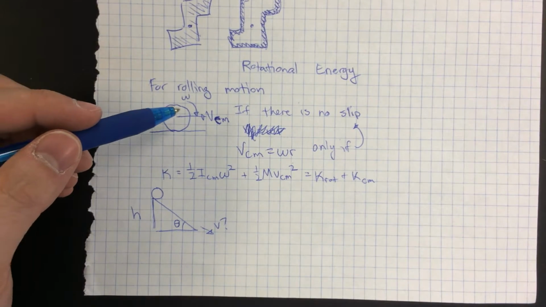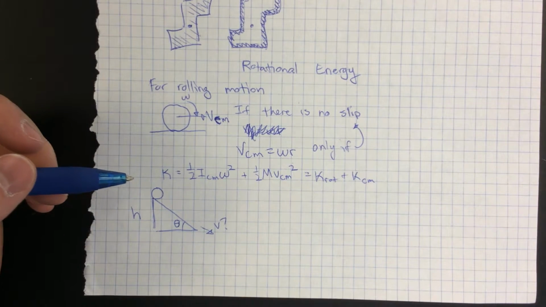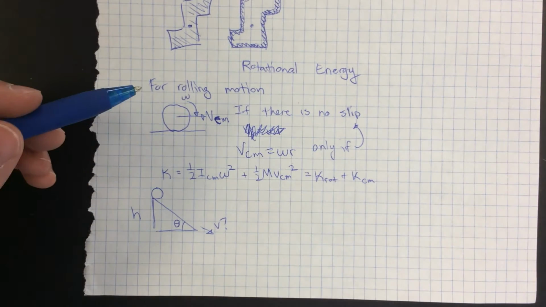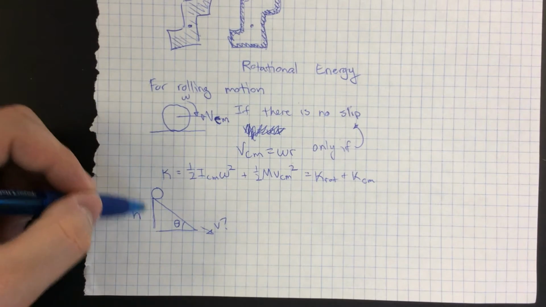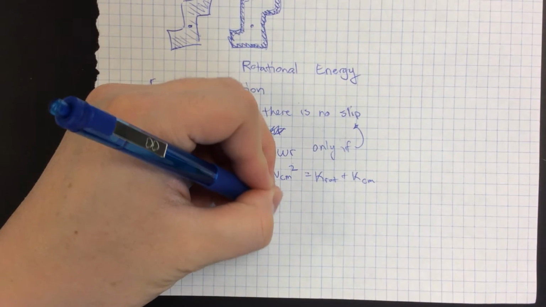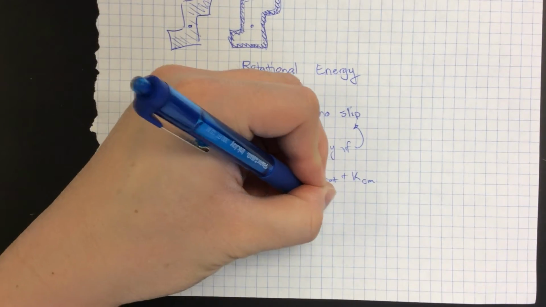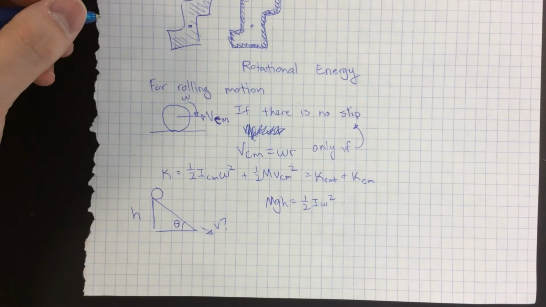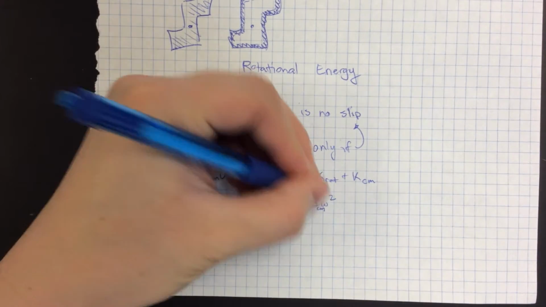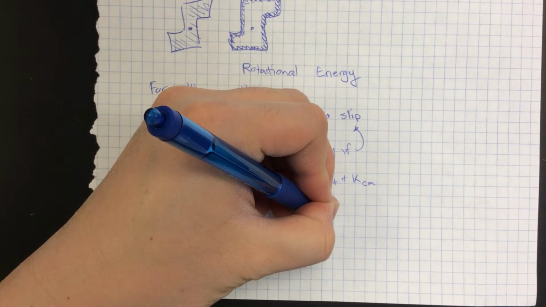You have mgh equals 1/2 mv squared. But in this case, you now have to take into account that it's rotating. Some of this energy of the mgh goes into rotating it.